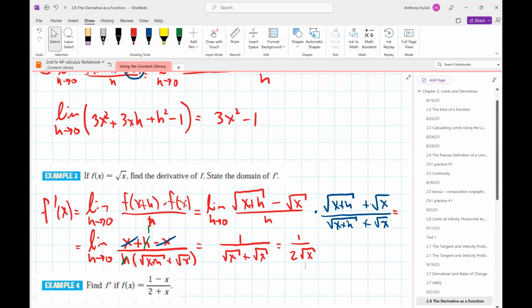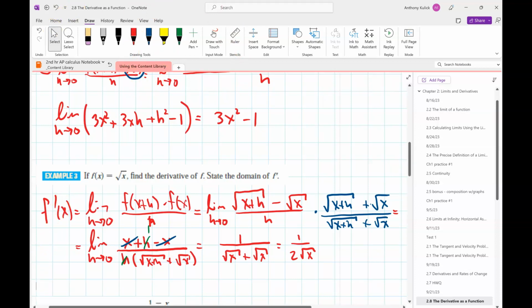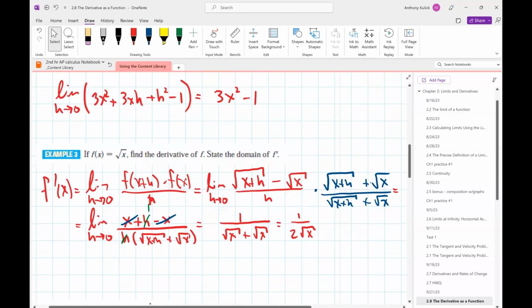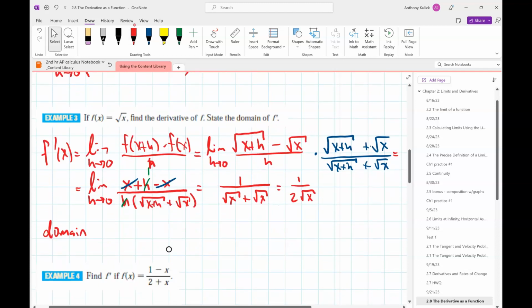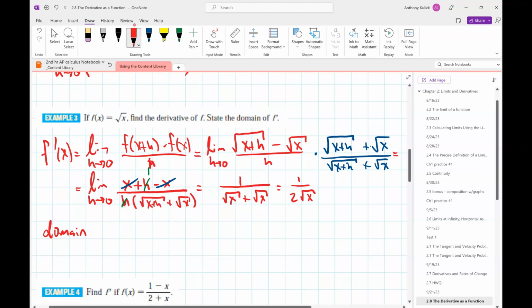What's the domain for that function, that derivative there? Okay, good. So we know that because it's a fraction, the denominator cannot equal 0.